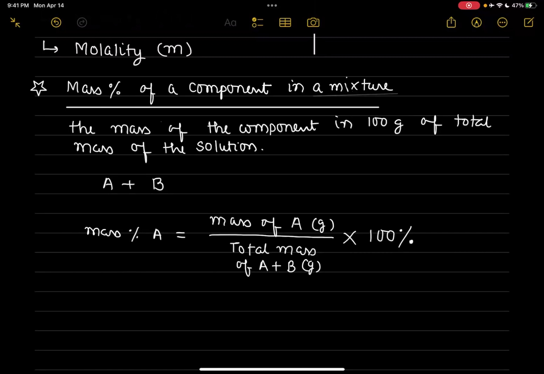If they give you 100, that is a direct question. Then whatever is there in the 100 grams, you can directly claim to be the mass percentage. But if the total mass is not 100, then you need to do it in this way. Clear?